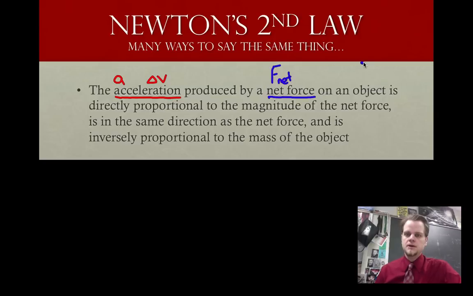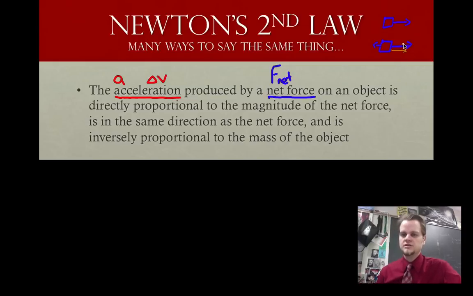Basically, what we're saying is that if there's an object and somebody's pushing it that way, it has a net force going that direction. Or let's say somebody is pushing it in that direction, but there's a little bit of friction pushing it back in that direction. It has a net force that's a little bit shorter, but in the bigger direction.